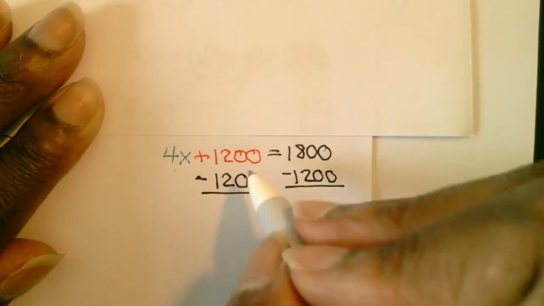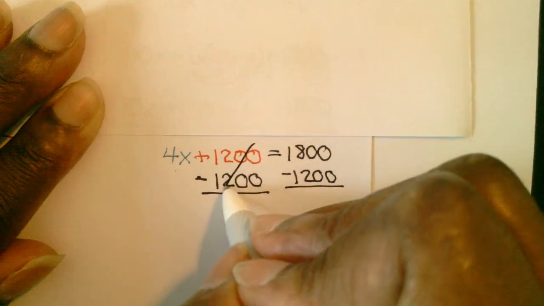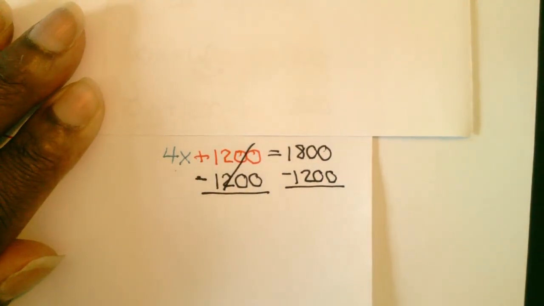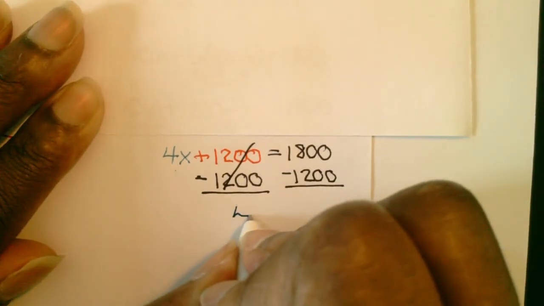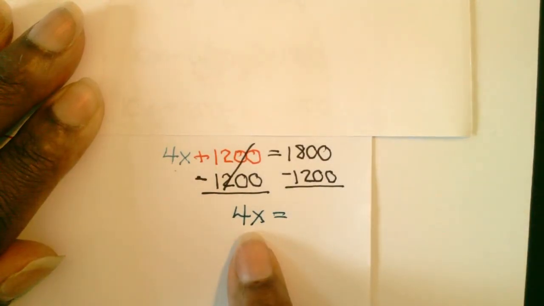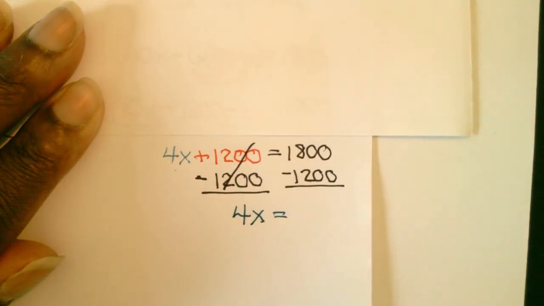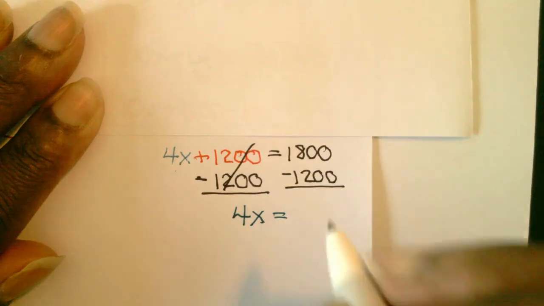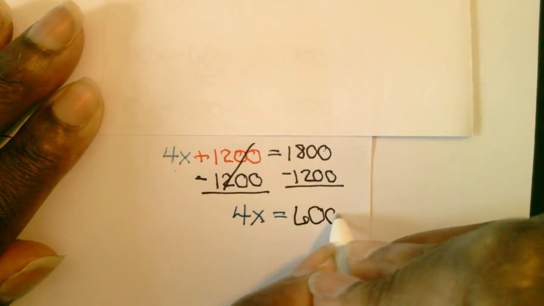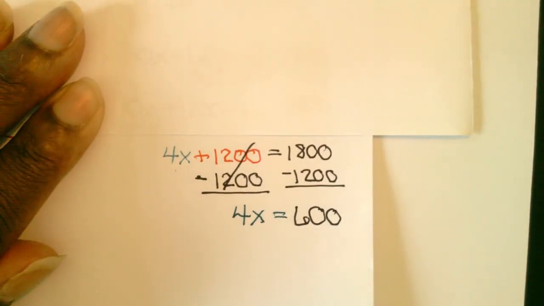These will cancel and give me a 0, but I don't need the 0 as a placeholder because I still have this 4x on the left-hand side. Now, 1800 minus 1200 gives us 600.